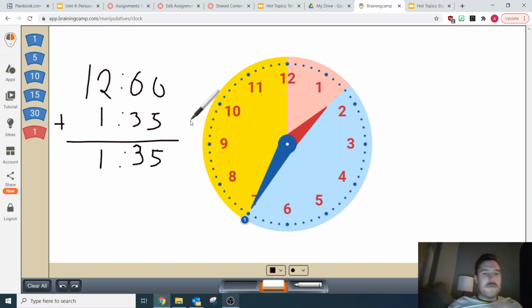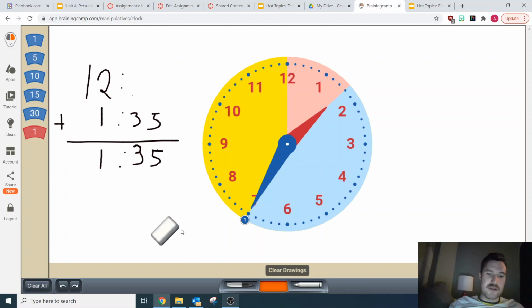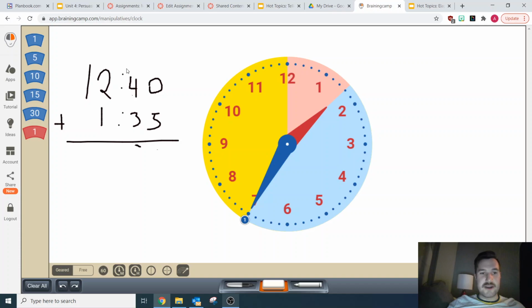Okay, now also we may run into a situation where when we're adding our time, let's say this time was not 12 o'clock, but it was, let's say 12:40. Okay, so that's going to change this because you may not think we need to regroup, but we do. Because when we deal with time, we no longer can have 100 in our tens place.